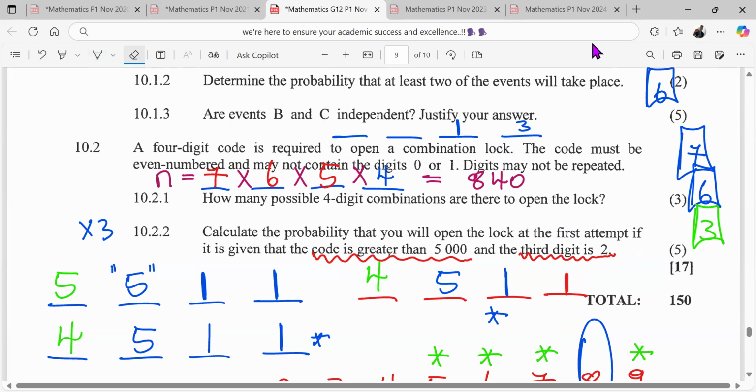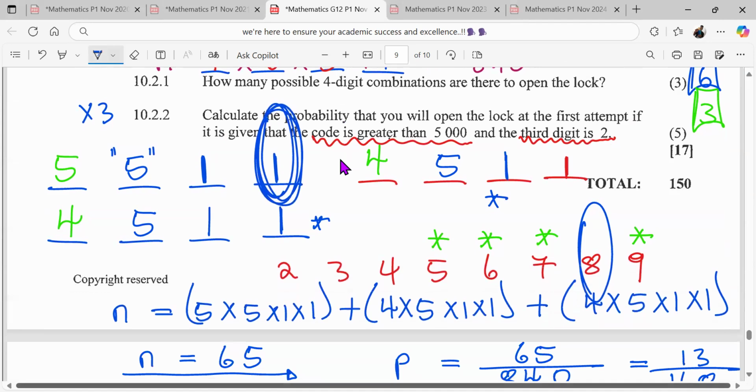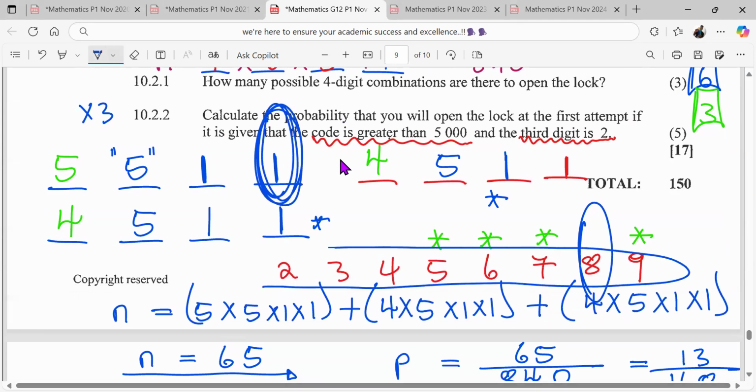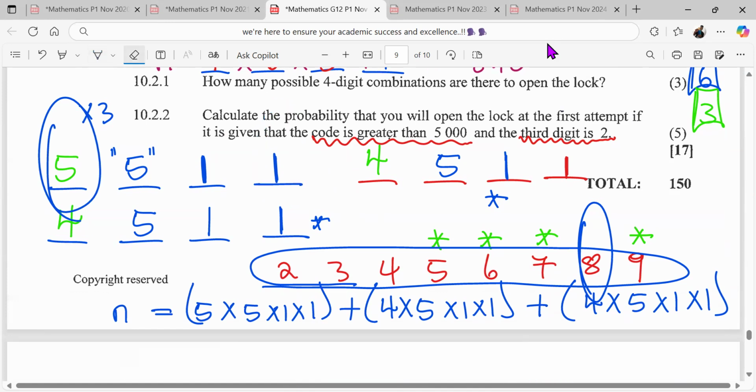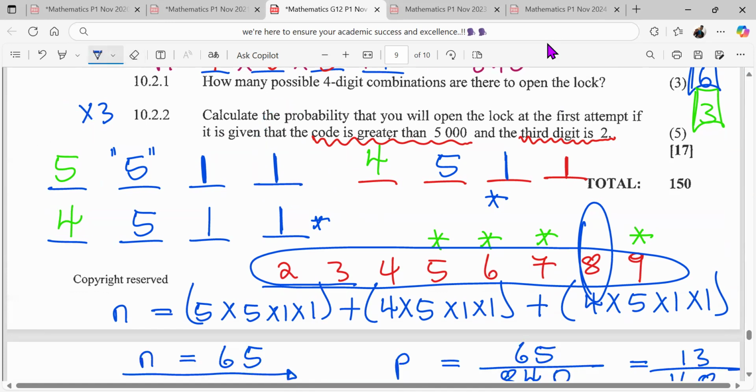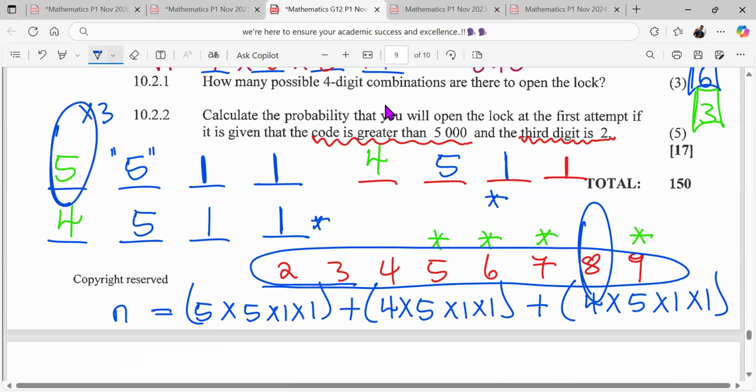So we need to be specific so that we know that if I put a 4 on the last position there, then out of a total of numbers here, these are the available ones from which I can choose and put on the first position so that the code is greater than 5,000. Yes, we had to know that if I took away a 4 and put it on the last position, then out of these 8 numbers, I'm now left with 5, 6, 7, 8, and 9. 5 numbers that I can put here.